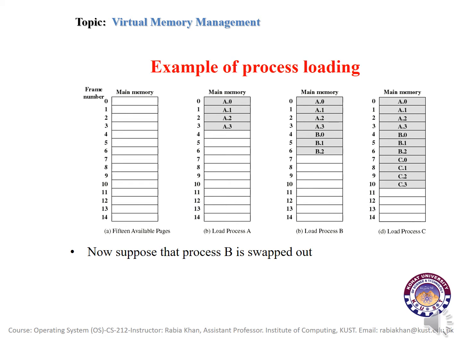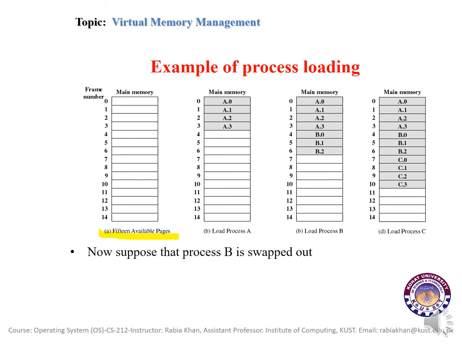This is an example of how different pages of different processes are loaded in main memory. As you can see in figure 1, the main memory is divided in equal sized fixed partitions, also known as frames.